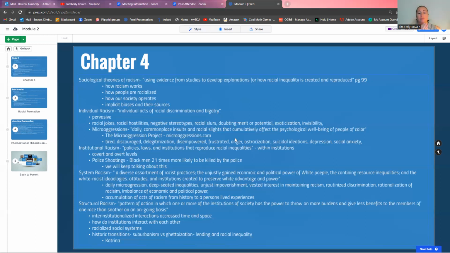And specific to race, we talk about how racism works, how people are racialized into categories, how our society operates given these categories, and the implicit biases that are made or perpetuated within these categories, and for those who are creating the categories, where all of that is coming from and why it's happening.